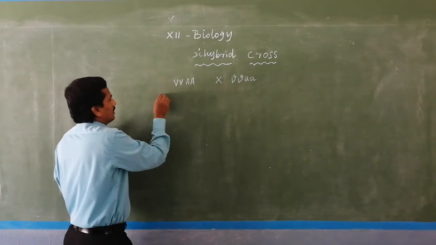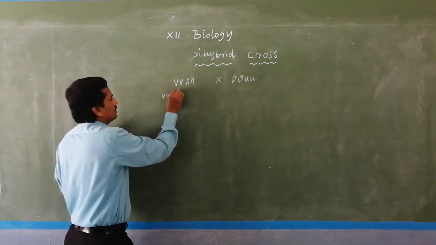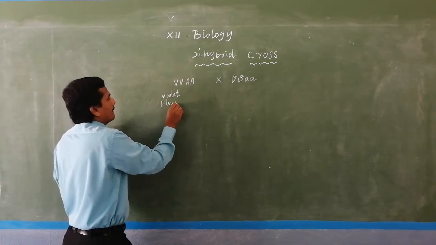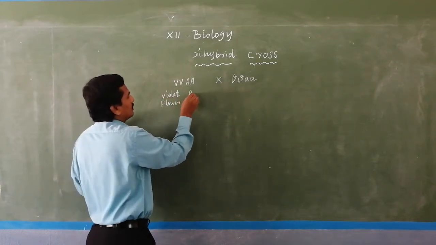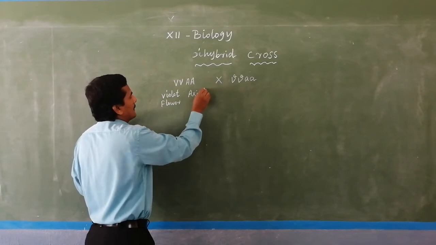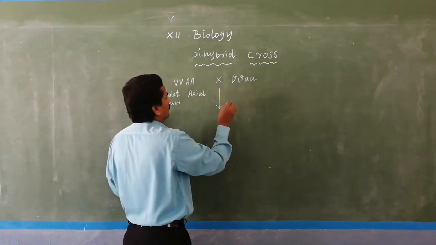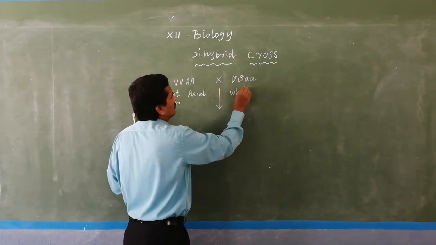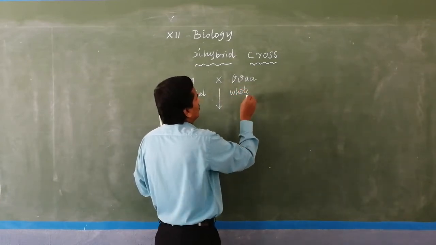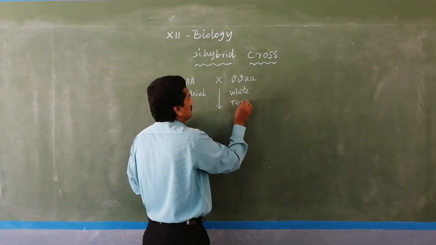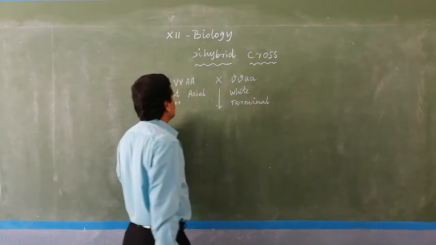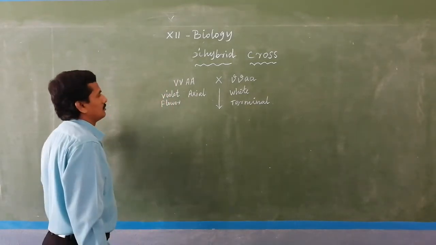This is actually the character violet flower plus axial position. Next one is white colored flower with terminal position.